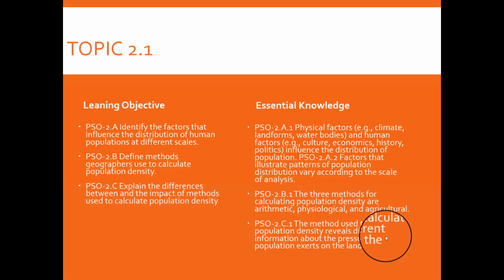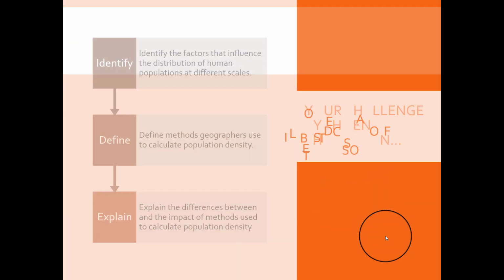Okay, let's go. So this is our learning objectives and our essential knowledge that we're going to be going through in this lesson. However, I want to put it in layman's terms for you.